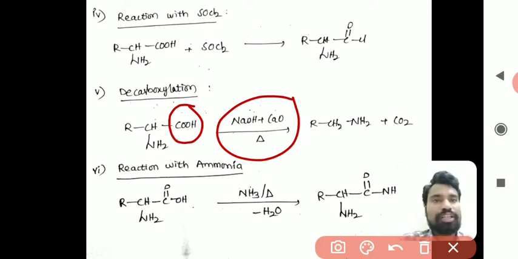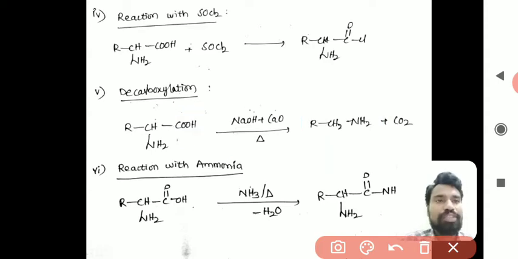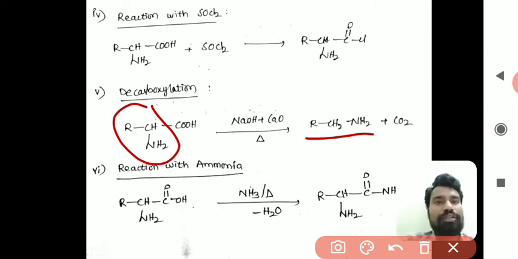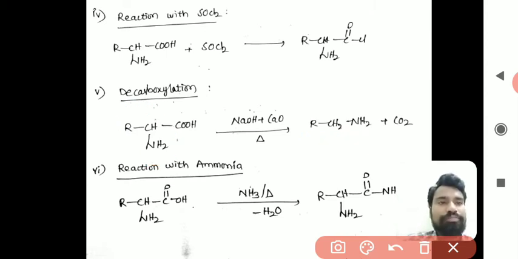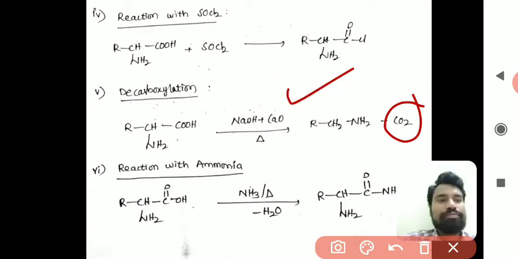The carboxylic acid group leaves as CO2, resulting in a primary amine formation. This will be there as a primary amine, right? This is called the decarboxylation reaction, right?